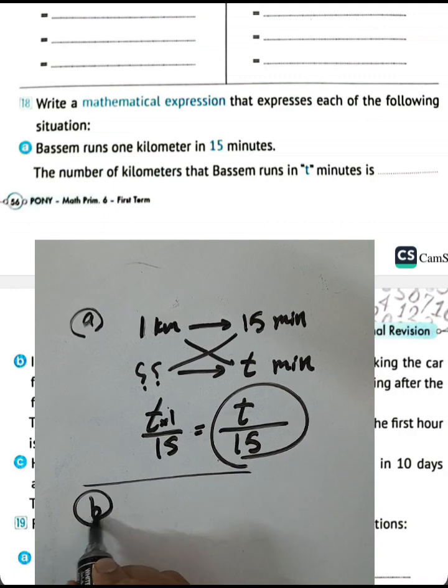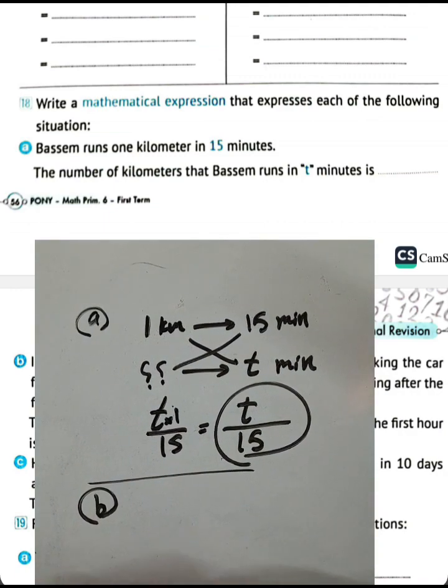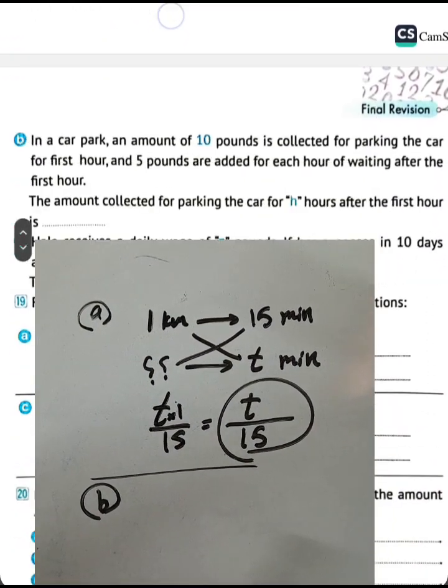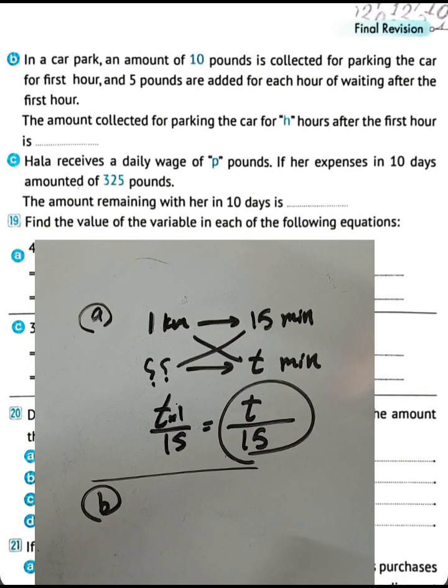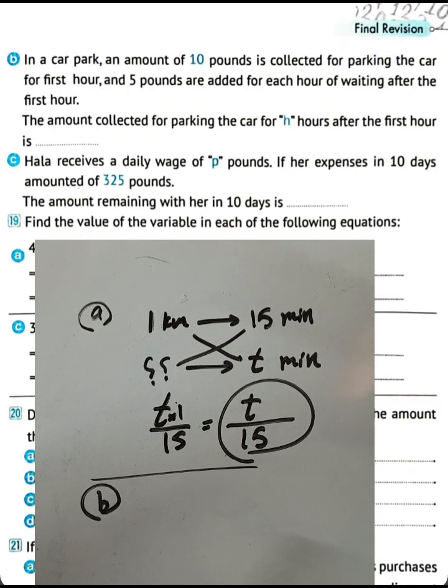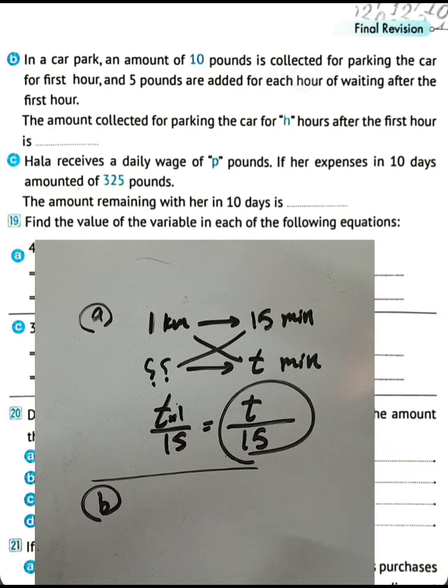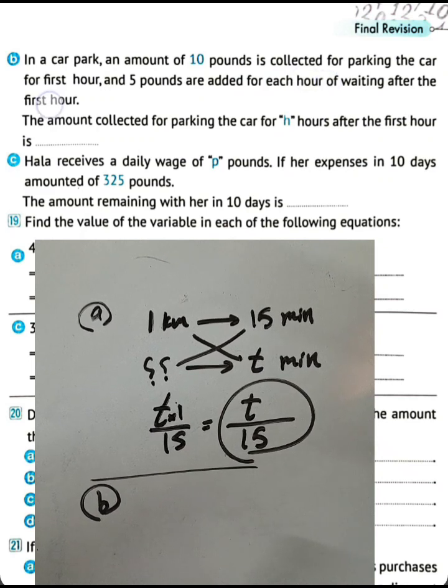Okay, letter B. In a car park, an amount of 10 pounds is collected for parking a car for the first hour, and 5 pounds are added for each hour of waiting after the first hour.